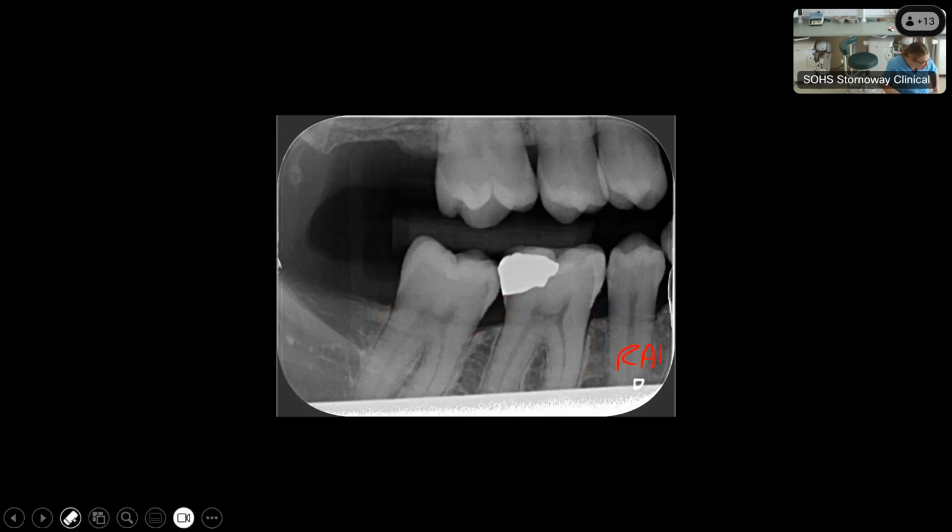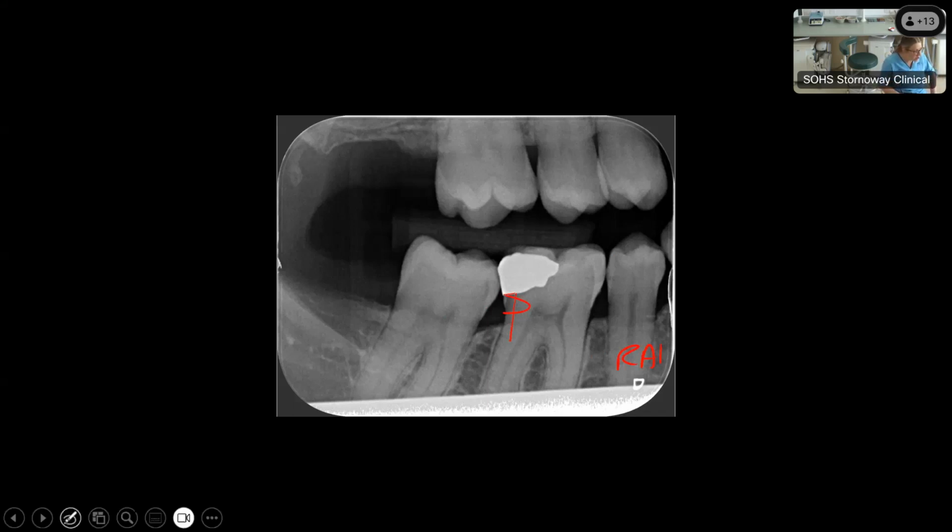The other thing is there is no difference in the density directly under the restoration to what there is in the tooth about here. It's not in the right shape for it to be caries. If it was caries, it would be looking in like that. Instead it's travelling vertically down the tooth, following the contours of the tooth, and all that suggests that it's not caries.